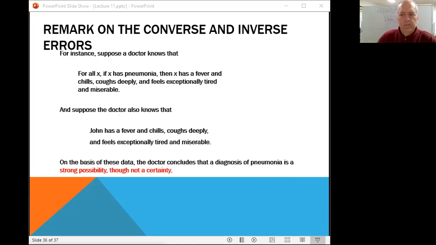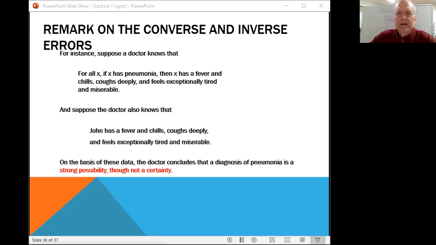Here's an example for a medical doctor. Here's a diagnosis: for all x, if x has pneumonia, then x has a fever, chills, coughs, and is exceptionally tired and miserable. That's the universal. Then we have the conclusion: John has fever, chills, coughs, and feels exceptionally tired and miserable.